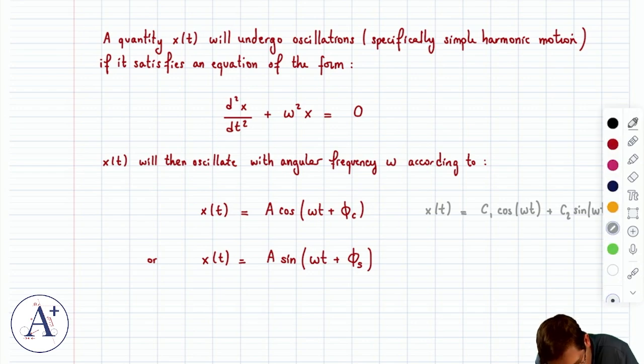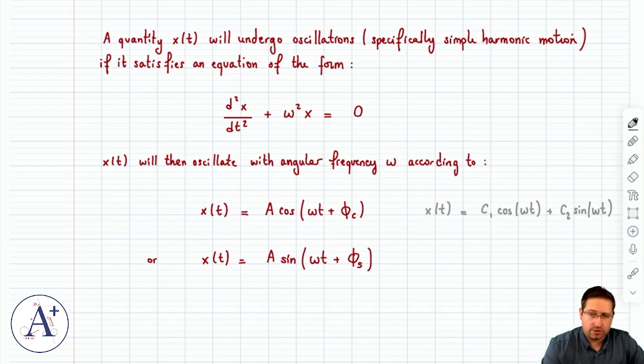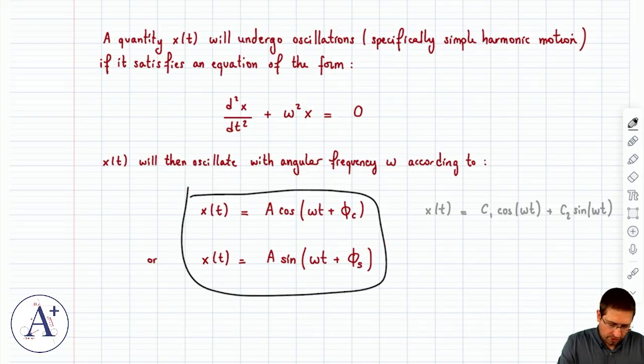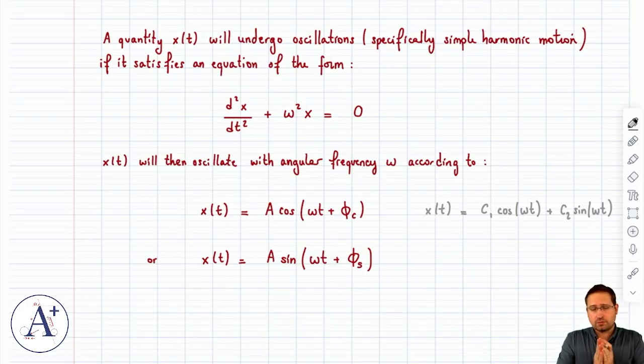You can actually use trig identities to go from this to this and vice versa. So the point is, it's a cosine or a sine or a combination of the two. I prefer this because you pick one of the two, unless the problem tells you which one to pick, and you just run with it. And it doesn't matter if you choose sine or cosine. Phi will change accordingly and make your function work.